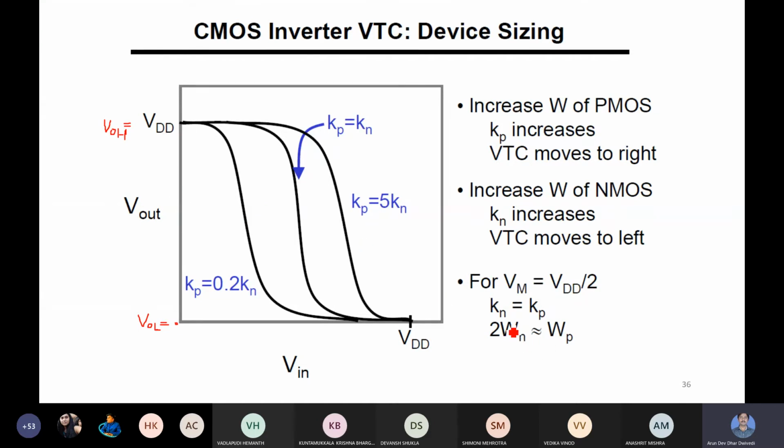And if the ratio Kn equal to Kp is maintained, then in that situation Wp must be 2 times Wn. So the width of the P channel MOSFET must be taken 2 times the width of the N channel. Wn is the width of the N channel MOSFET, Wp is the width of the P channel MOSFET. So these conditions must be satisfied.